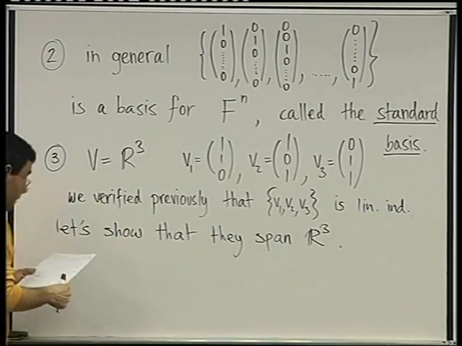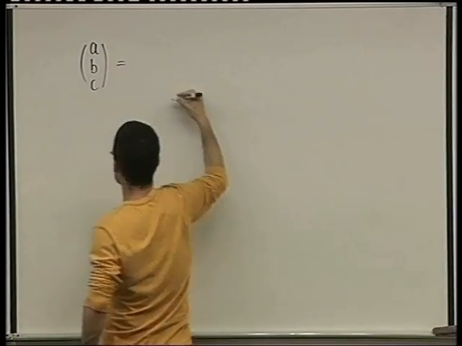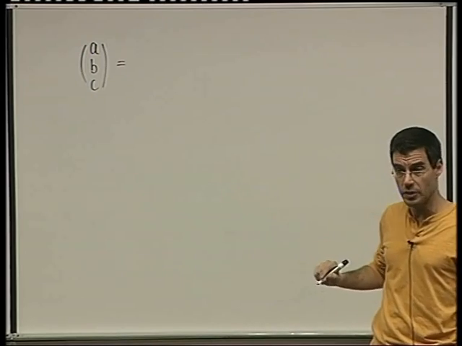So we will need a bit more space. So what does it mean that they span R3? I need to take a general vector a, b, c and show that I can write it as a linear combination of v1, v2, and v3.